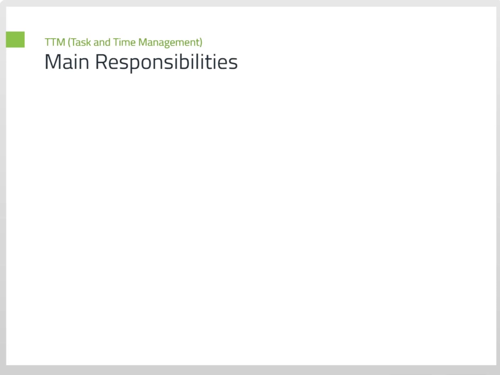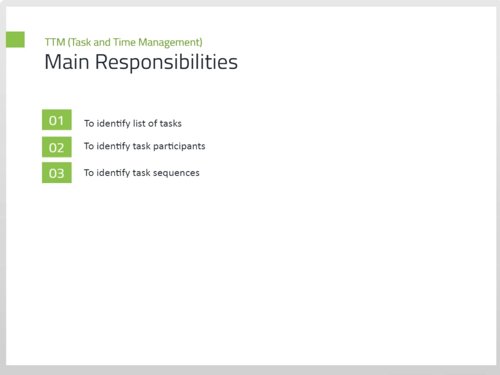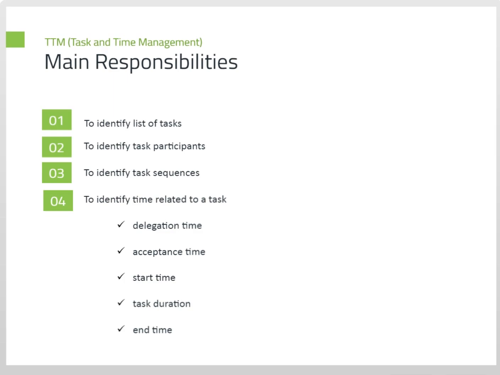TTM, or Task and Time Management. The main responsibilities of this module are to identify lists of tasks performed in the organization or task pool, to identify participants of tasks and who the next assignee is, to identify sequences between tasks, to identify time related to a task, such as delegation time of a task to a user, acceptance time of a task by a user, start time of a task, duration of a task performed by a user or how long the task lasted, end time of a task, and delegation time to a next user.